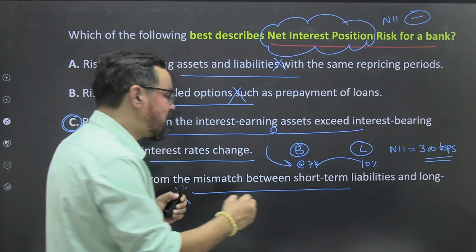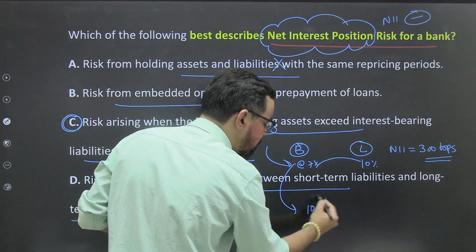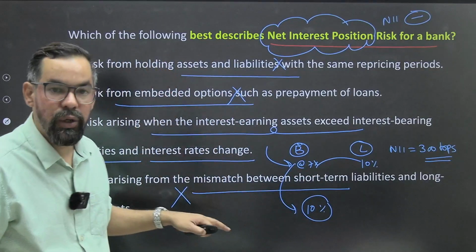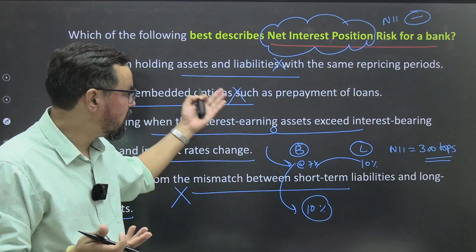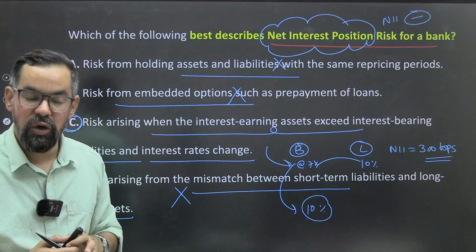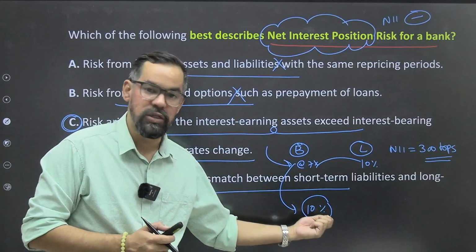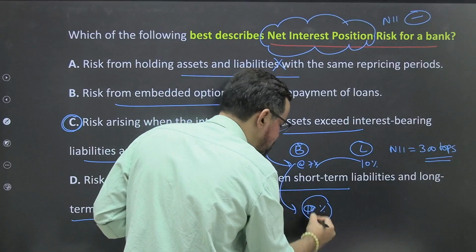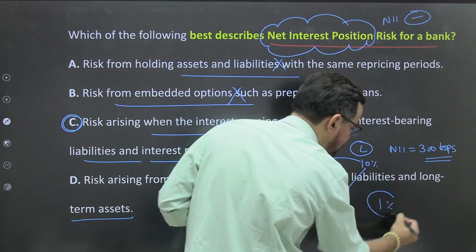Let's say the interest rate increases to 10%. What will the customer do? They'll exercise their embedded option and go for premature withdrawal of that deposit, or shift from 7 to 10%. Let's say it is 9%. Then your NII will come down to 1% or 100 basis points.